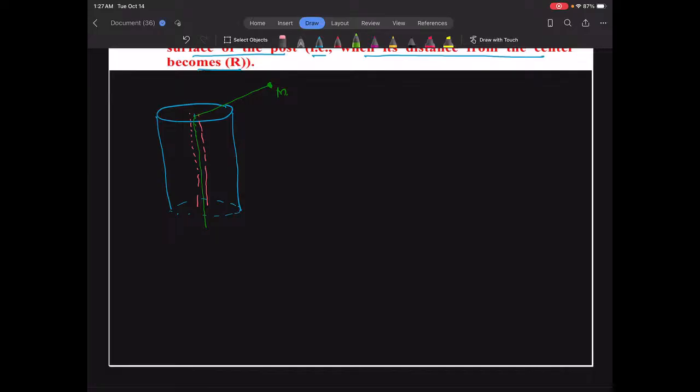So we are gently pulling this thread through this hole, so that this mass comes closer and closer to our rod.